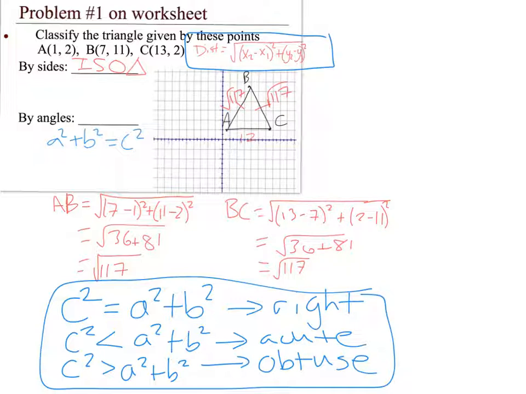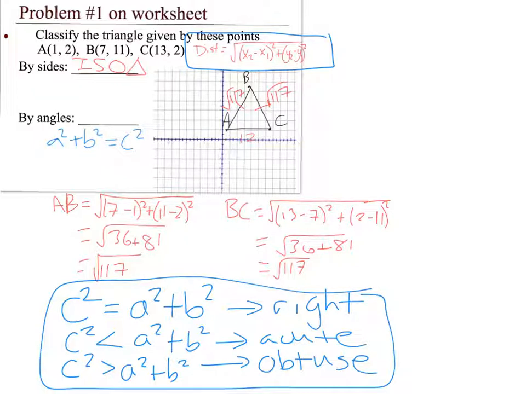So let's classify this thing based on its angles now, shall we? Well, my longest side is always going to be my c. So, square root of 117, I have no idea what that is. Wait a second. I know the square root of 121 is 11. Since it's the square root of 117, it's got to be smaller than that.